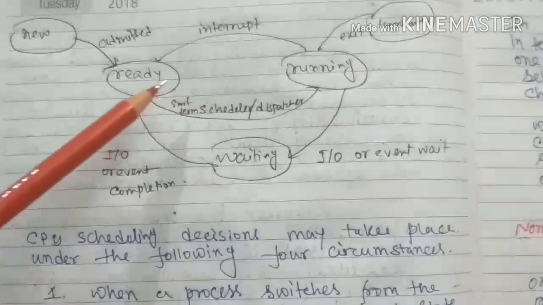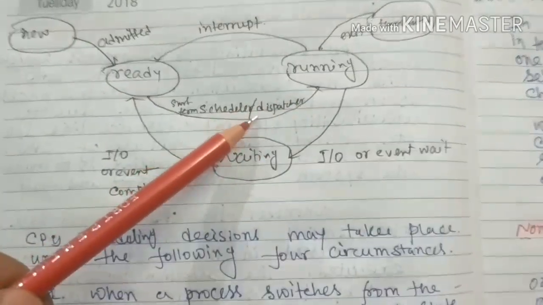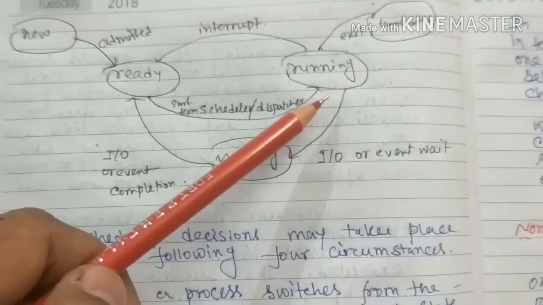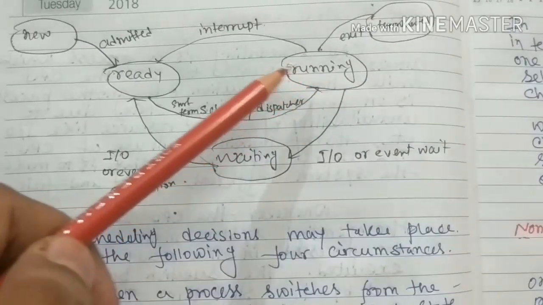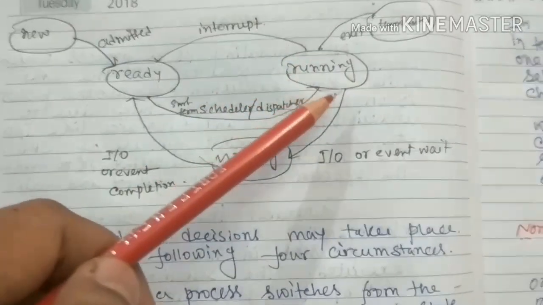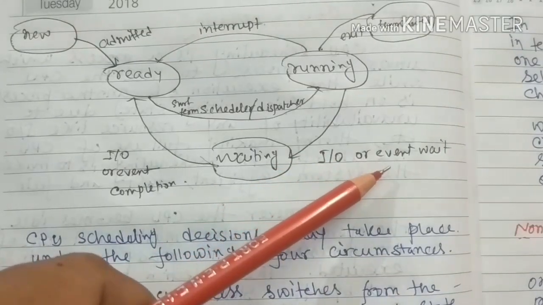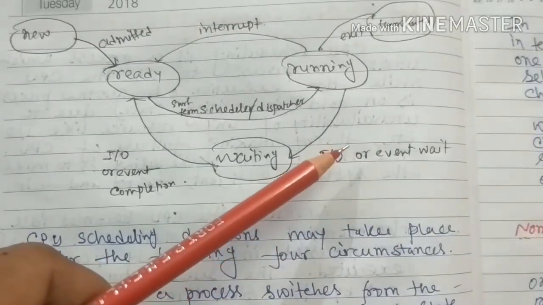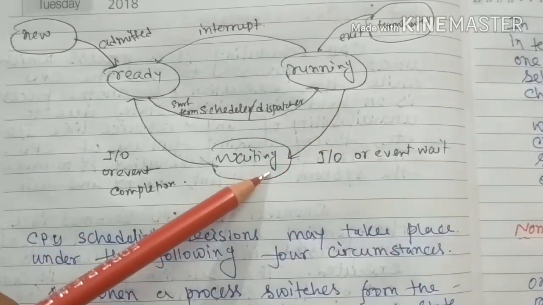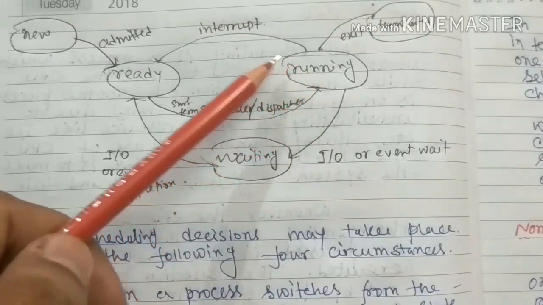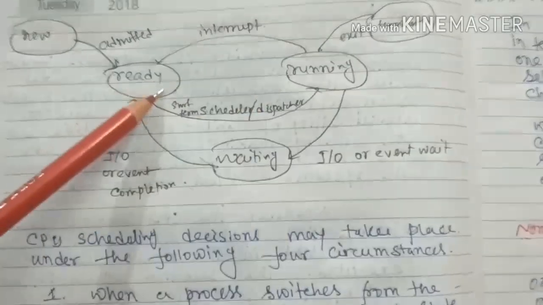When a process is in the ready state, it can only move to the running state by the short-term scheduler dispatcher. From the running state, a process can switch to three states. It can switch to the waiting state if there is an input output or some other event wait. If some interrupt occurs, then it can move again to the ready state.